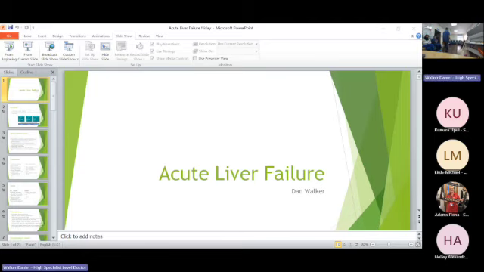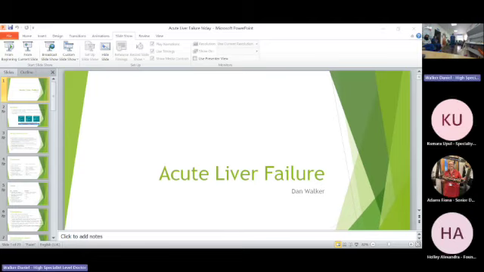Sometimes in the FRCA, physiology questions can move away from the heart and lungs. The liver has a massive amount of functions, so it's important to classify them for the exam and have a classification in your mind.